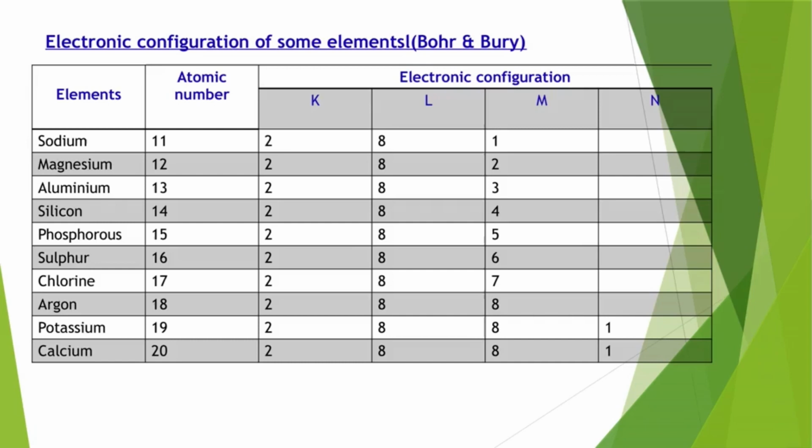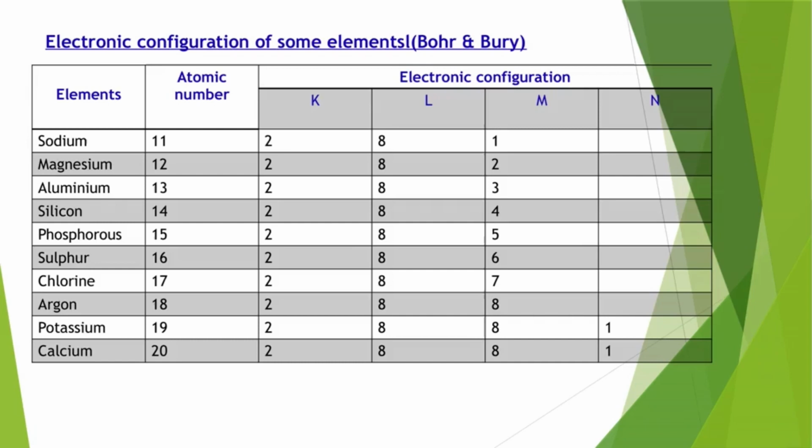In the M shell we can adjust electrons according to the 2n square rule, 2 times 3 square, that is 3 times 3 is 9, times 2 is 18. Yes, 18 electrons can be adjusted in the last shell of argon, but after 8 electrons are filled in argon, it is completed. Now we can say the M shell is complete.